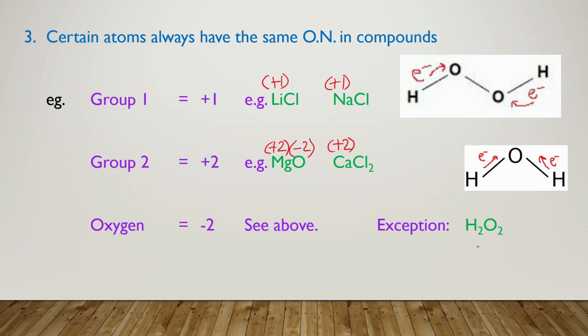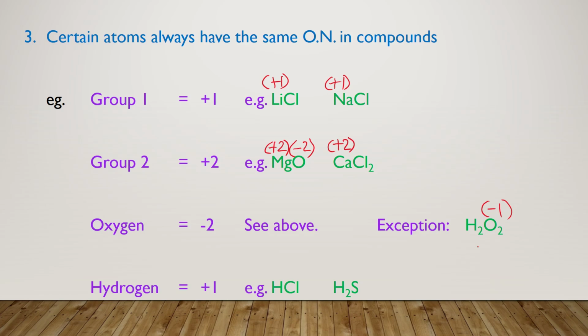When we're talking about oxidation numbers, it's always per atom inside each molecule. So in peroxide, because each oxygen inside that molecule has only gained control of a single electron from each hydrogen, we would only assign the oxidation number of oxygen in peroxide as -1.